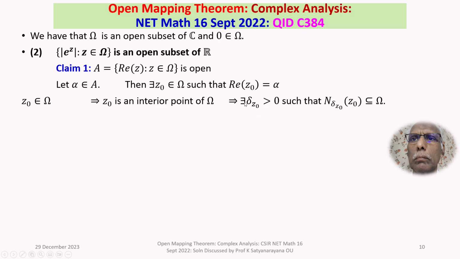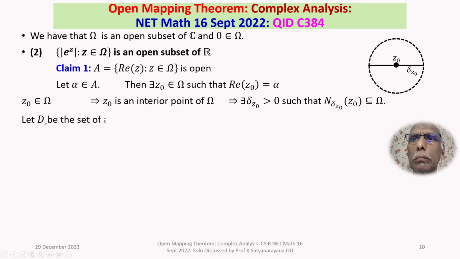So there exists a real number delta suffix z naught, that means the delta depends upon z naught, which is positive, such that the neighborhood with the center z naught and the radius delta z naught is entirely contained in omega. So this is the neighborhood, z naught is the center, and delta z naught is the radius.